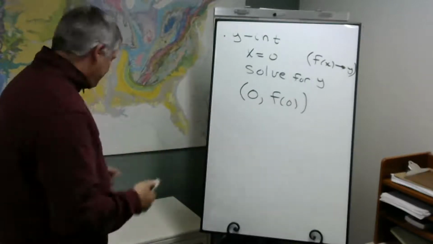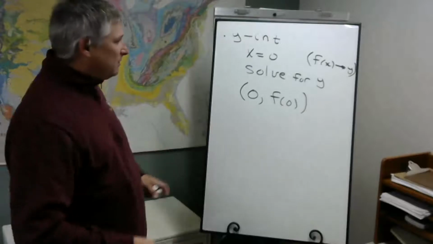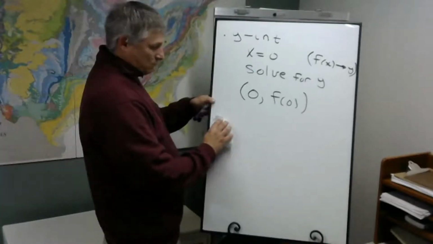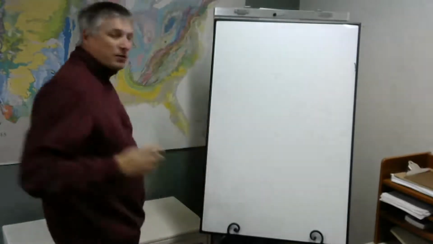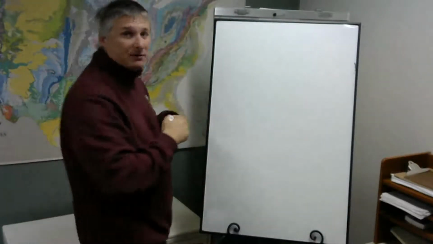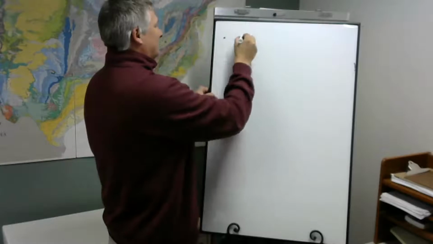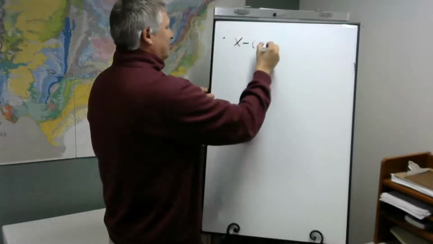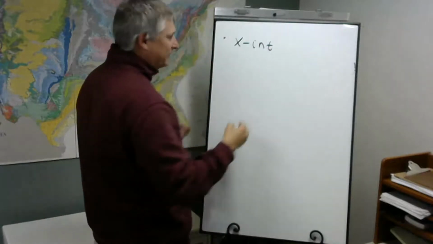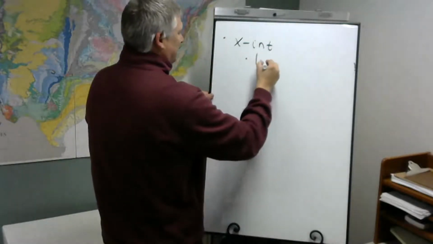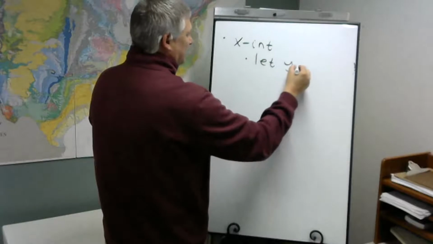Now, for x-intercepts, since we're dealing with polynomials, we might get more than one x-intercept. That's always a possibility. So what we do here, we let y equal 0.